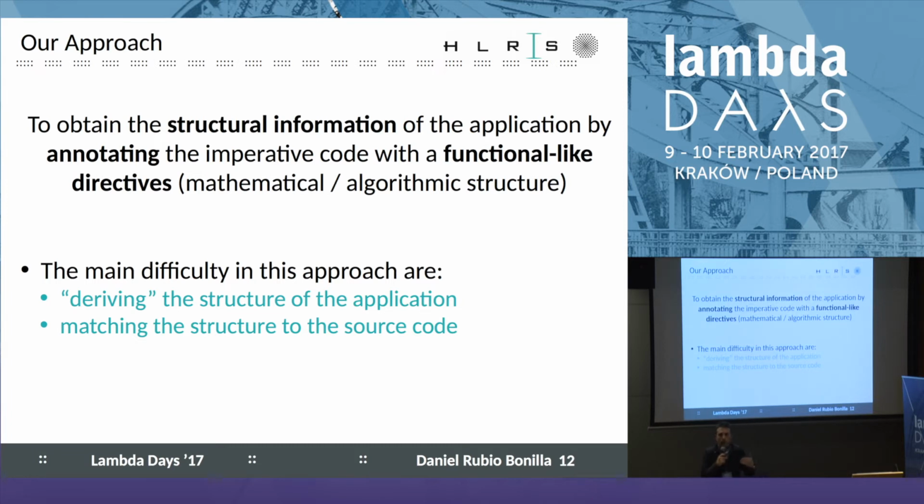So what we want to do is extract this structural information not through the input and output, but by annotating the code with higher order functions to give some functional characteristics of our code. They will describe the mathematics and algorithm we are trying to execute and let the compiler reason about what is going on.